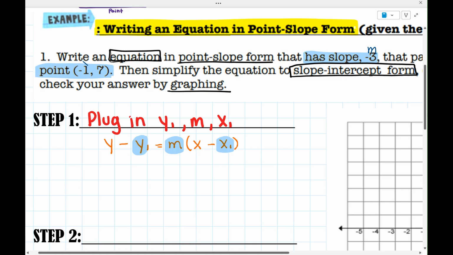So on here, our m is -3 because that's our slope, and our x sub 1 will be -1, our y sub 1 will be 7. Everything else in the equation remains as it is. So all your minus signs, your equal signs, your parentheses, those are just brought down or rewritten.